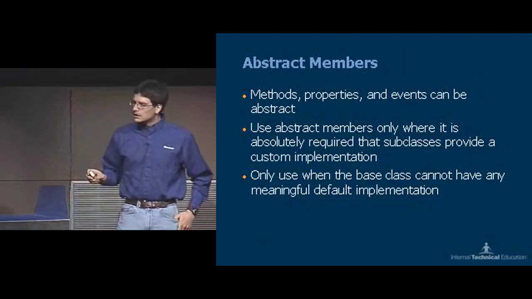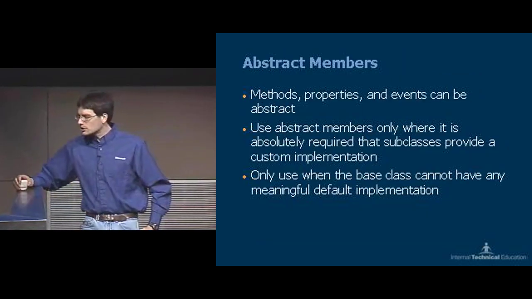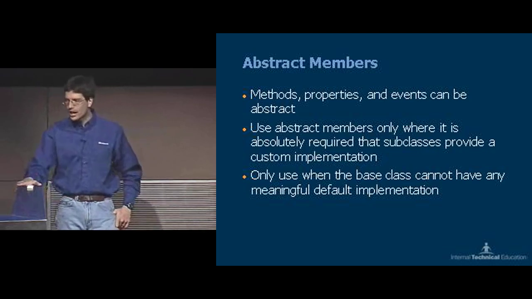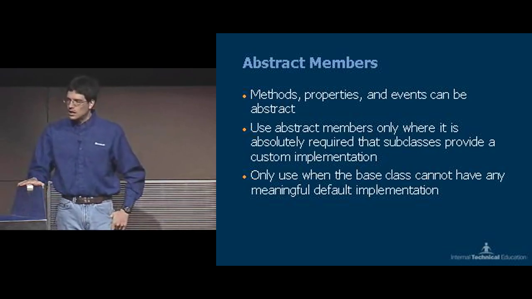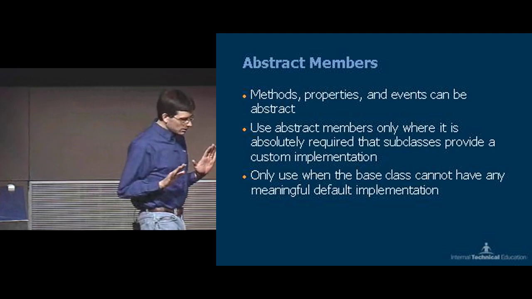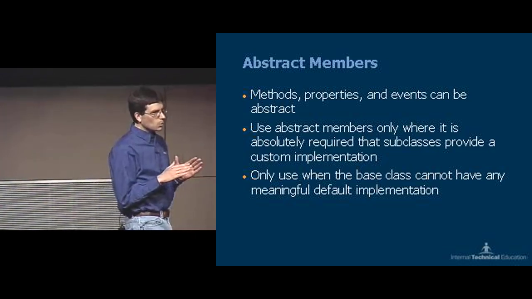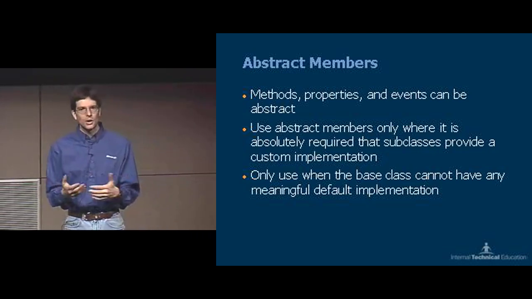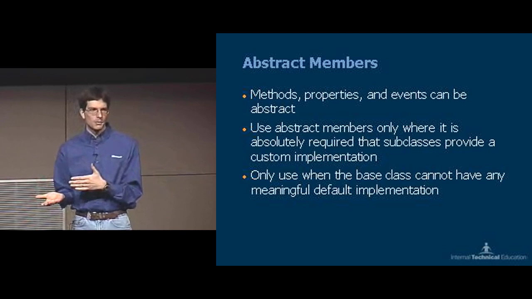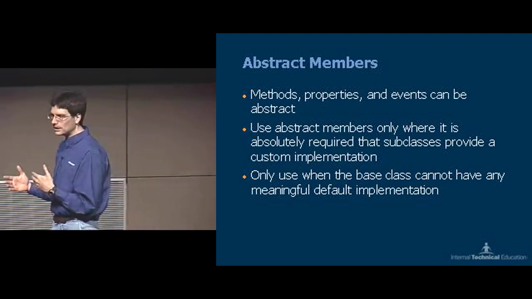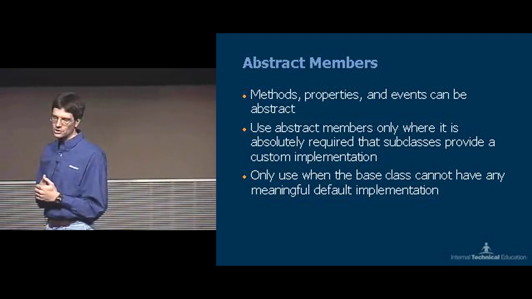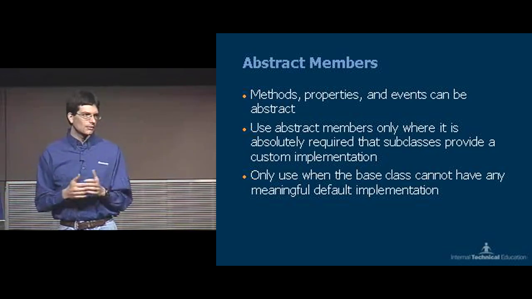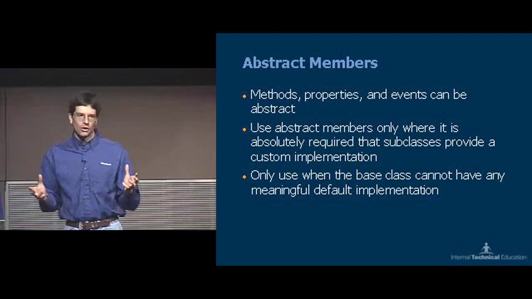Okay, so abstract members: any properties, methods, events, all can be abstract. Generally speaking, you should only use abstract members where you can do no other implementation. As a general rule, I would prefer to have virtual members because you're making it a little bit easier for the guy subclassing you to get it right. With abstract members, I'm completely left on my own to make up all the implementation.